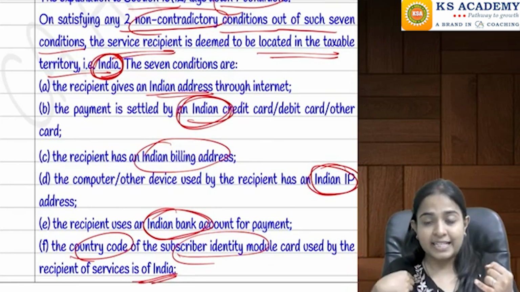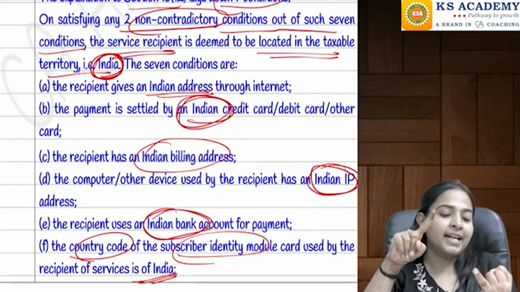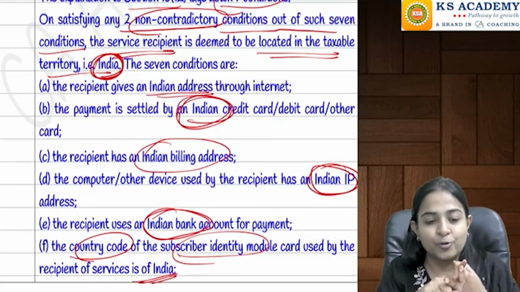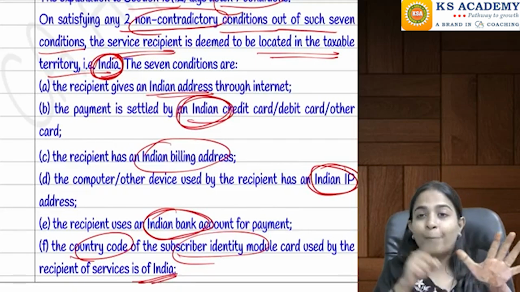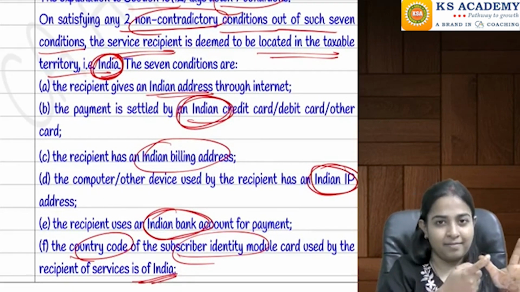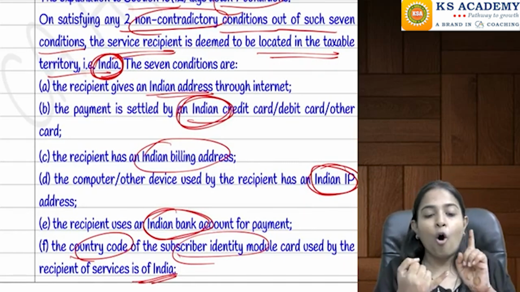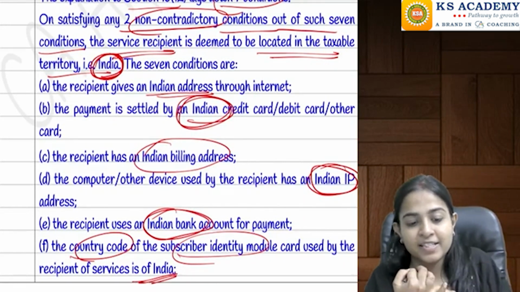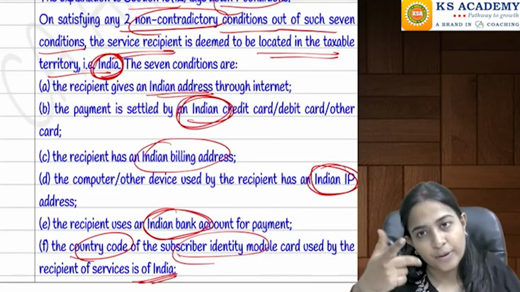First, the recipient who is using the service gives an Indian address, or does the payment through an Indian card, or an Indian IP address is used, or he gives an Indian billing address. Or the country code of the SIM card is +91, India, or the services are received through an Indian landline, or the recipient uses an Indian bank account for the payment.